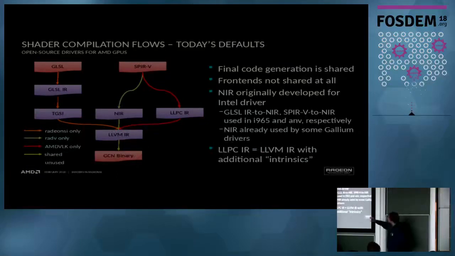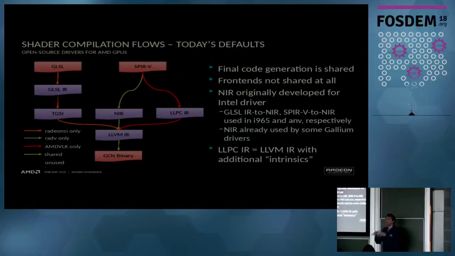So on the leftmost path, you start with GLSL. It's translated into this Mesa GLSL IR, intermediate representation. This is code shared between all Mesa drivers. Then it gets translated into something called TGSI, which is Gallium specific. And then within the radeonsi driver, this TGSI gets translated into LLVM intermediate representation.